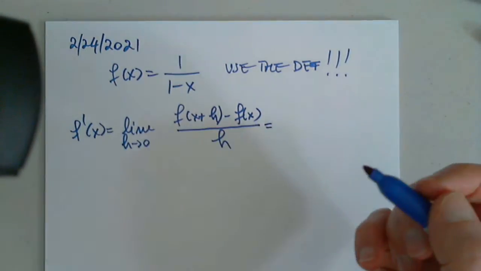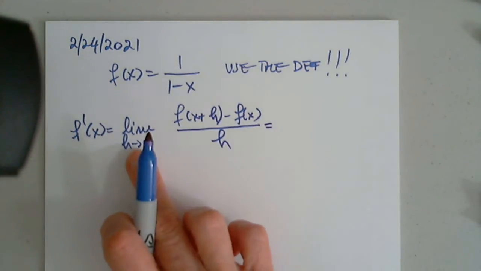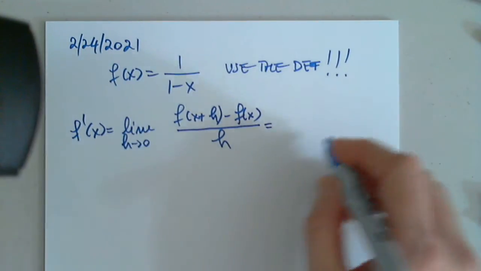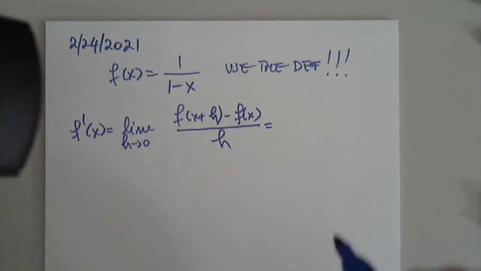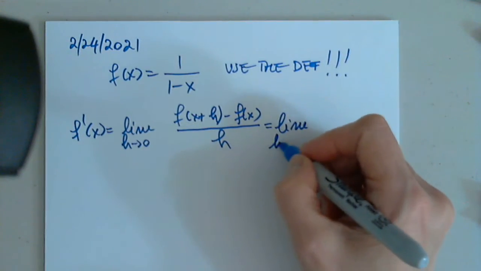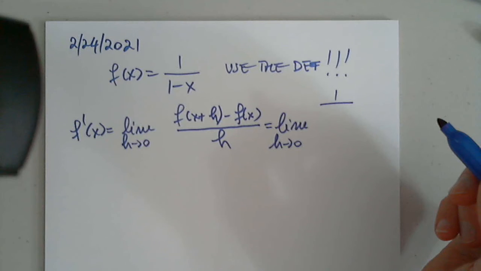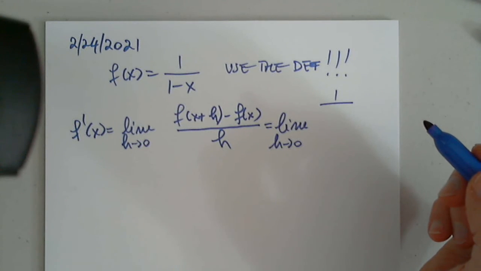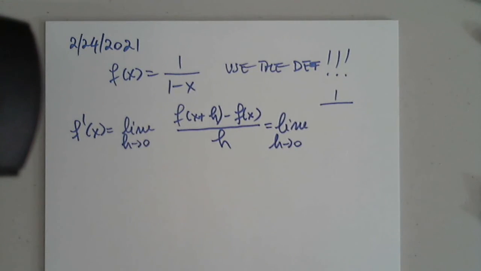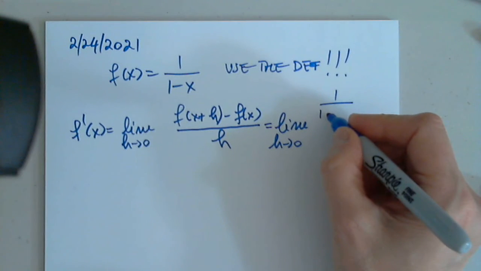So now I have to continue. Remember, do not drop the limit operator. Write the equal symbol so I know that something continues. So I will write limit as h approaches 0 of 1 over, can anyone tell us what to write? 1 minus x plus h.